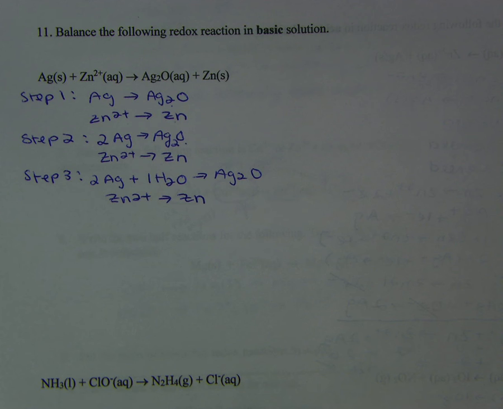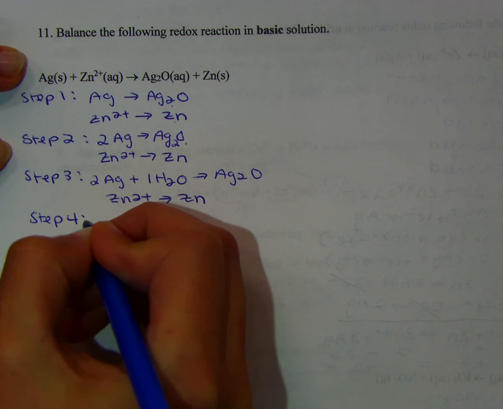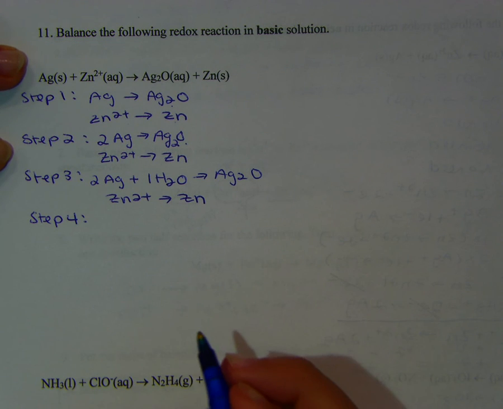We've added in hydrogen, but when you think about it, we're in a basic solution. Hydrogens are not so easy to come by. So later on, we're going to have to add in hydroxyl groups to neutralize our hydrogen. So this is why we don't like these problems, is this step right here. So I'm still going to add in my hydrogens because it's harder to not.